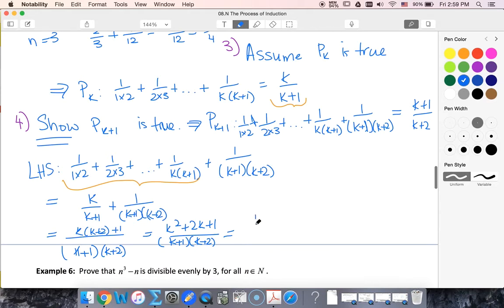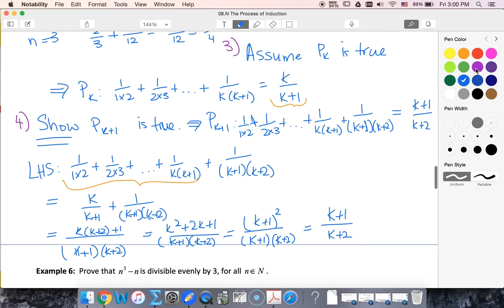Notice this factors as k plus 1 squared over k plus 1 times k plus 2. When I simplify, I'm left with k plus 1 over k plus 2. So I've shown that P sub k plus 1 is true when I use P sub k.